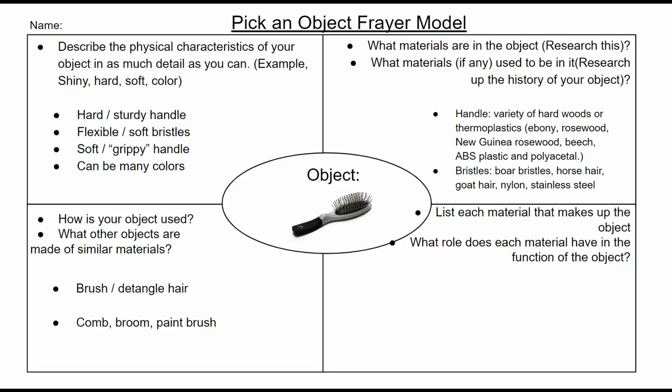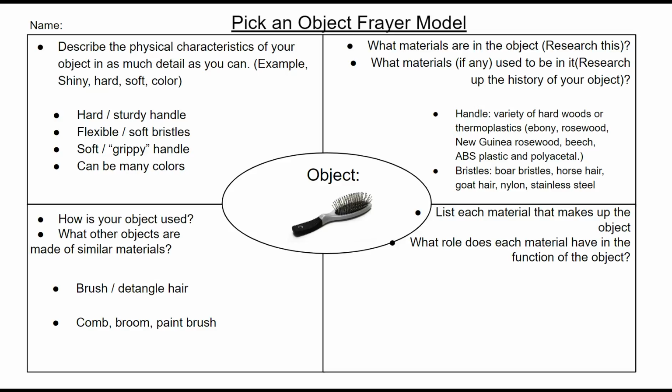As you can see, I don't think that boar bristles or horsehair or goat hair are used very often anymore in our hairbrushes. But my assumption is that back before we had the ability to make some of these synthetic materials, those were coarse things, coarser than our actual hair, that were able to detangle hair, and that's why they were used as bristles.